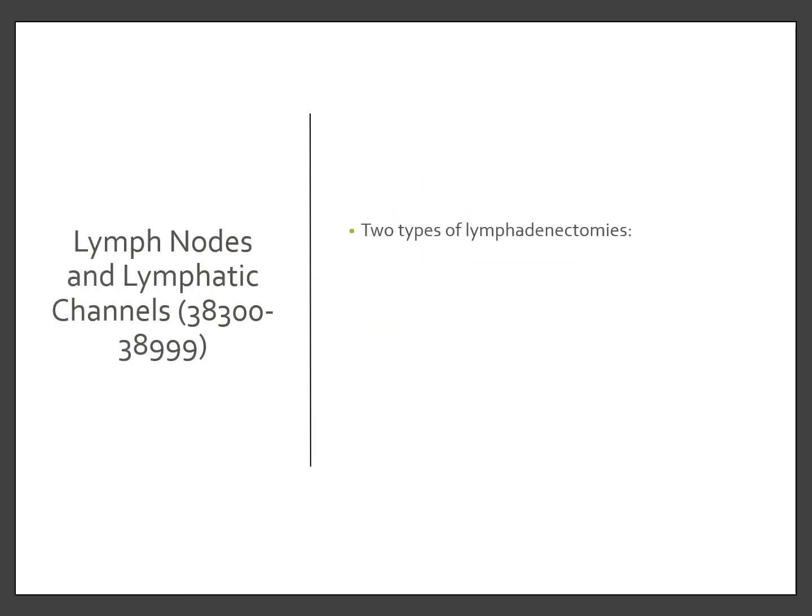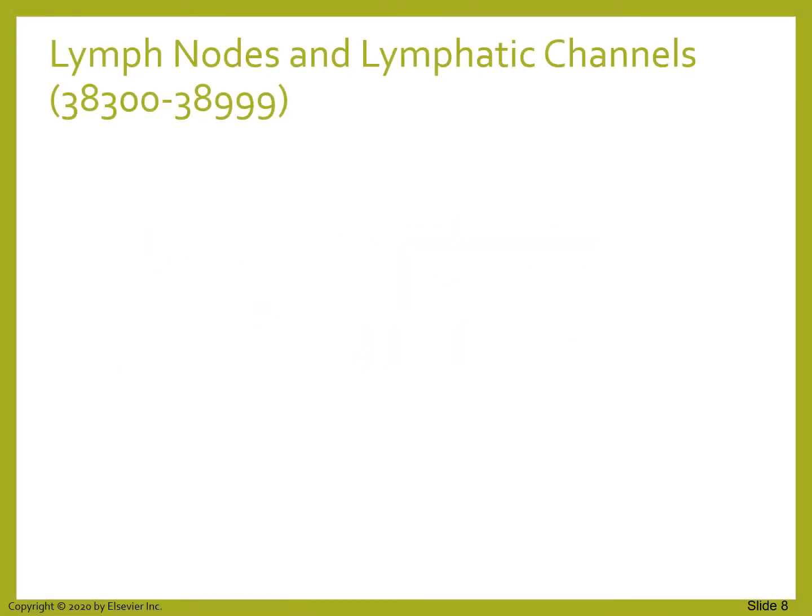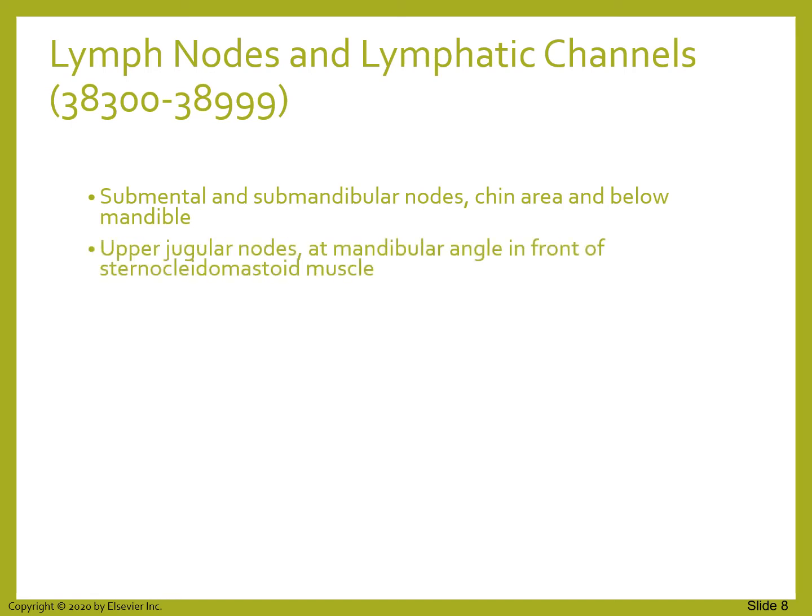Two types of lymphadenectomies. We have a limited, it's the lymph nodes only, and a radical, which is the lymph nodes and the surrounding area. The term complete is the same as radical in a neck resection. Lymph nodes and lymphatic channels are listed in your book. You'll have a picture there.